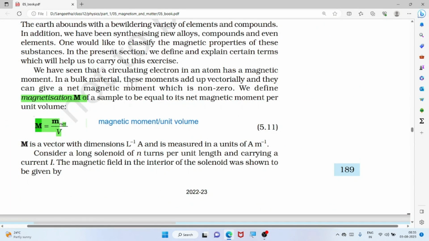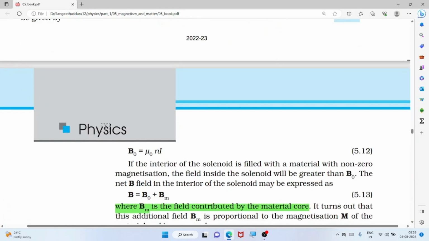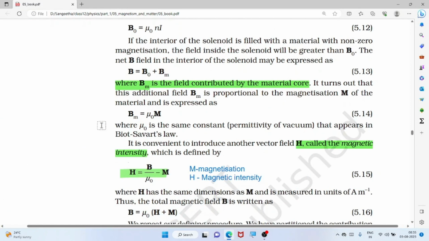Magnetization and magnetic intensity. The capital M is the magnetization, that is, the magnetic moment per unit volume. Magnetization M equals magnetic moment m divided by V. The total magnetic field is the magnetic field due to the core and the magnetic field due to the wire.